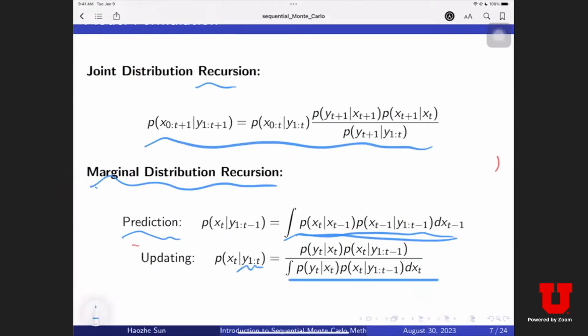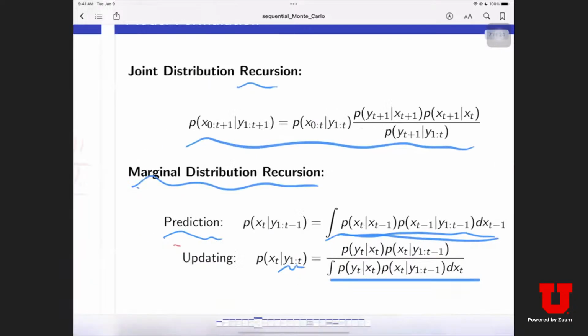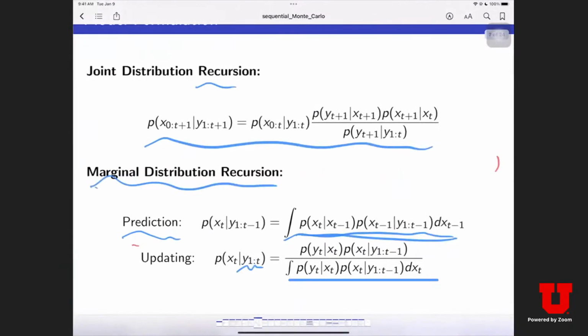It is because of the Bayes theorem, it is the same as this one, right? I get the observation YT, and we can update the state, or update the probability. All right.